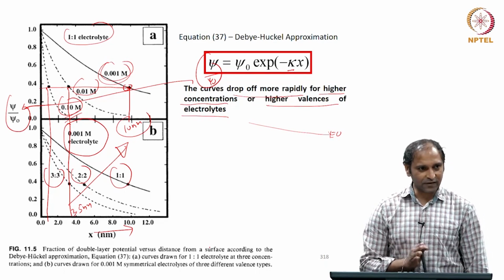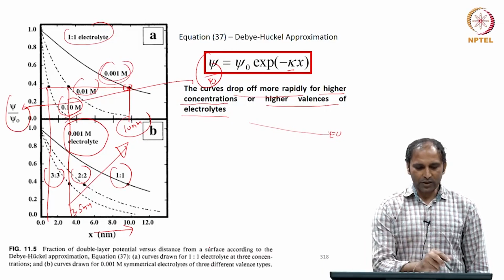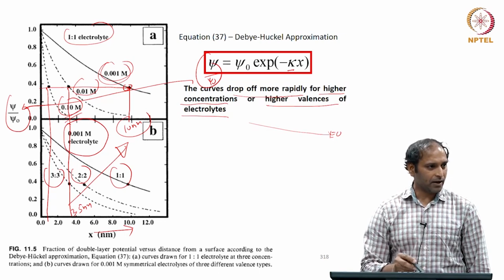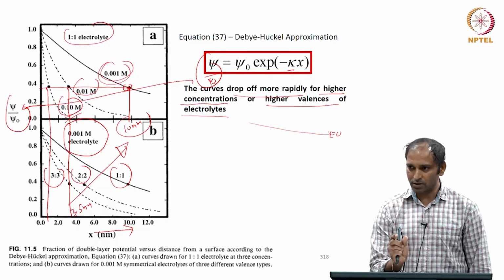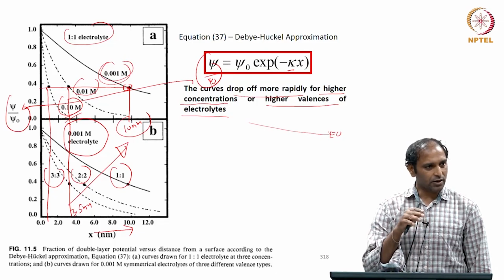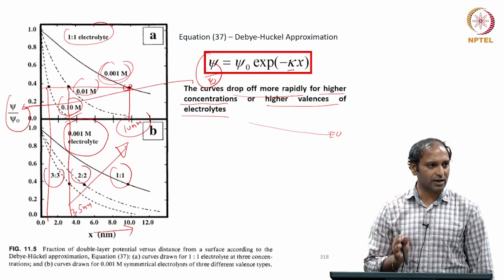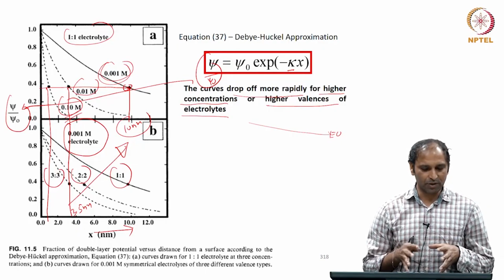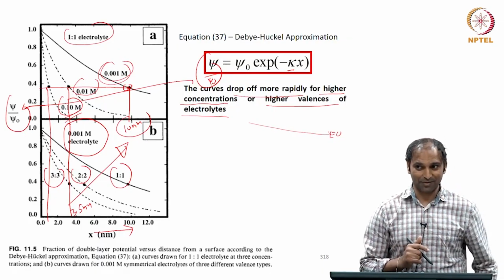Now, the range of electrical double layer interaction essentially depends on how this potential varies with distance. If the potential falls off steeply, the range over which the electrical double layer interactions become important is smaller. However, if you have a case where the potential decreases more gradually, that means the electrostatic interactions become important over a larger range of separation distance. Do you get that point, or do I have to explain?